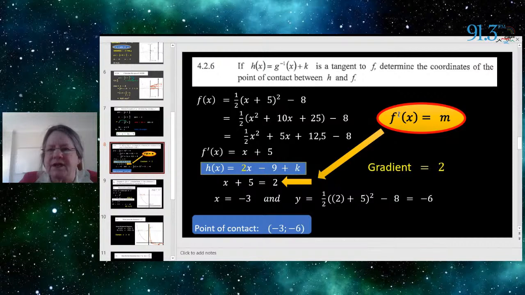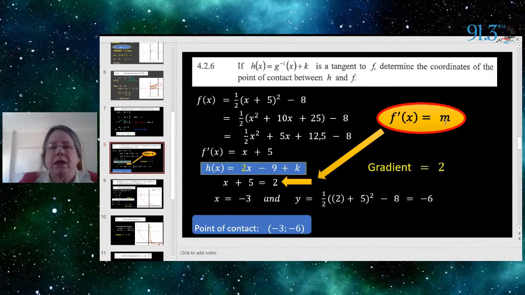So the first derivative, and please note the difference between this accent over here, which means derivative, versus inverse over there. It's not a typo. It's two very different concepts. So the first derivative of a function gives you the gradient of a tangent. And a tangent is a straight line.